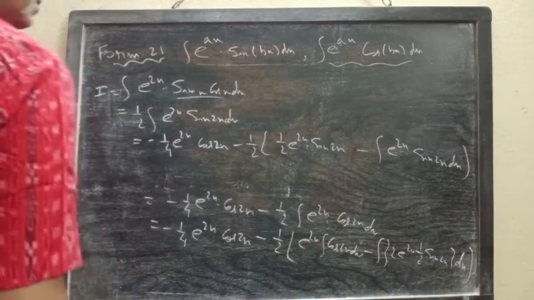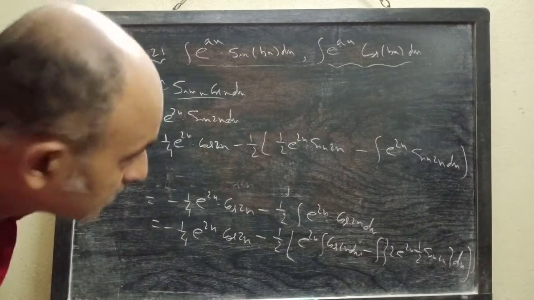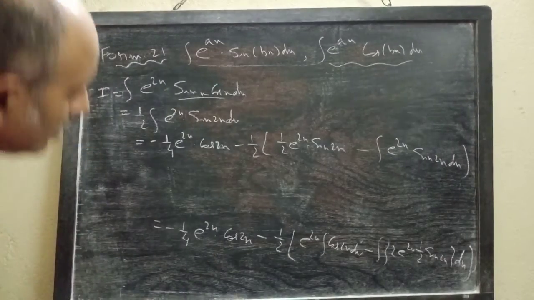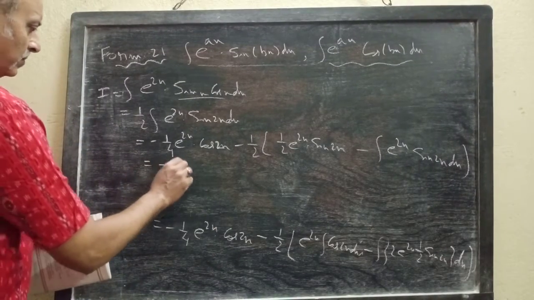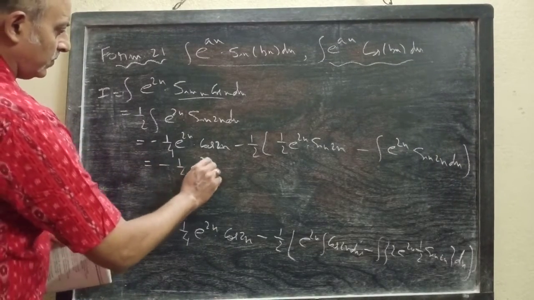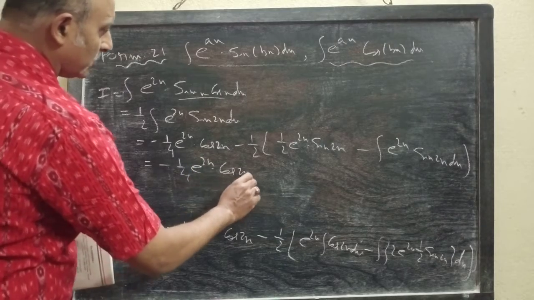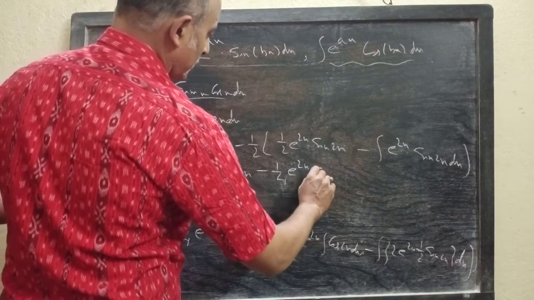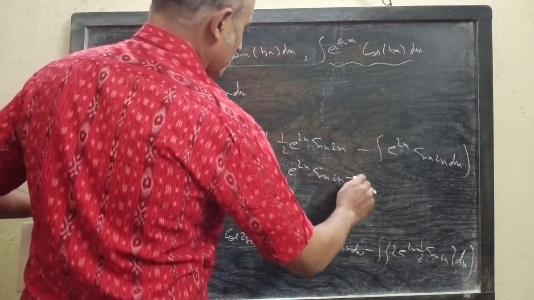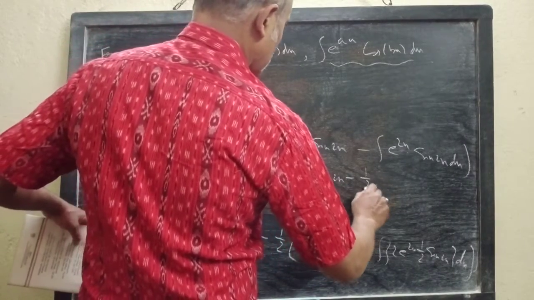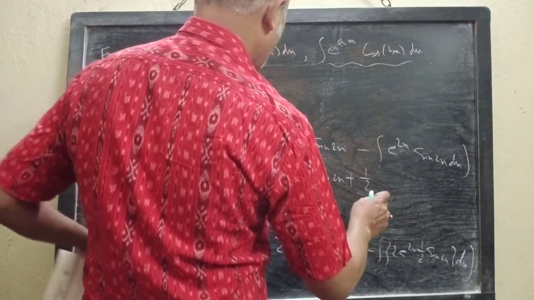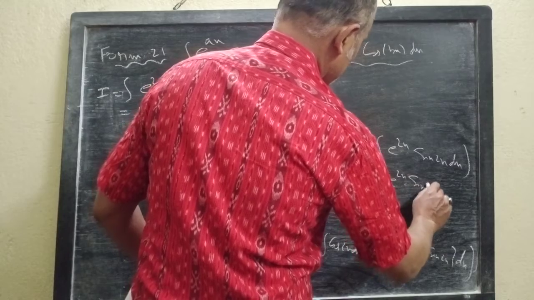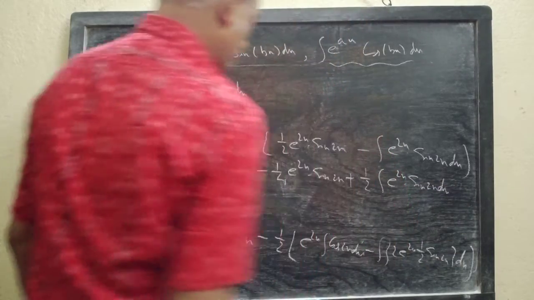This is minus 1 by 4 e to the power 2x cos 2x minus 1 by 4 e to the power 2x sin 2x plus half integration e to the power 2x sin 2x dx.